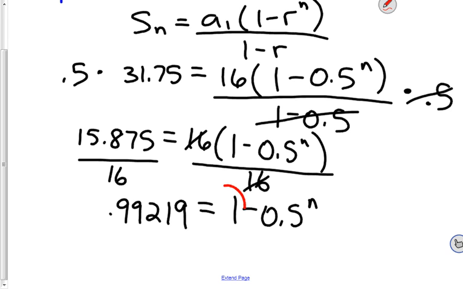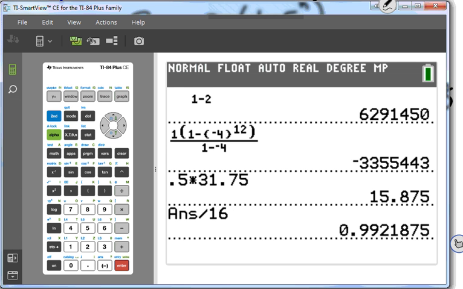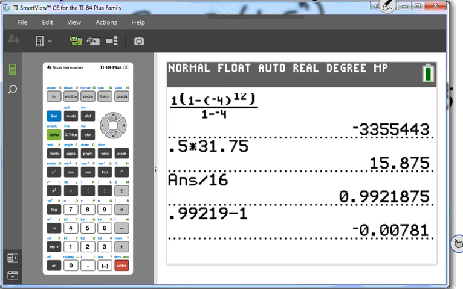Next thing, I'm going to subtract this 1 over to the other side. So I have 0.99219. Since I rounded, I'm not going to reuse that answer. Minus 1 is negative 0.00781.